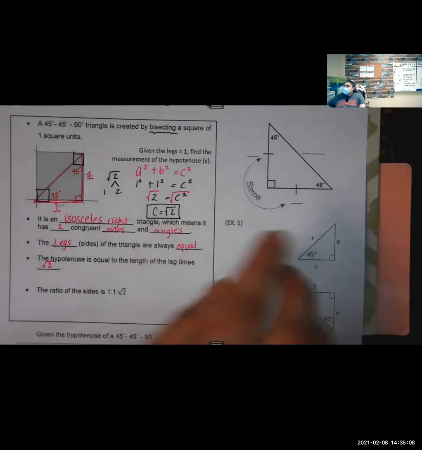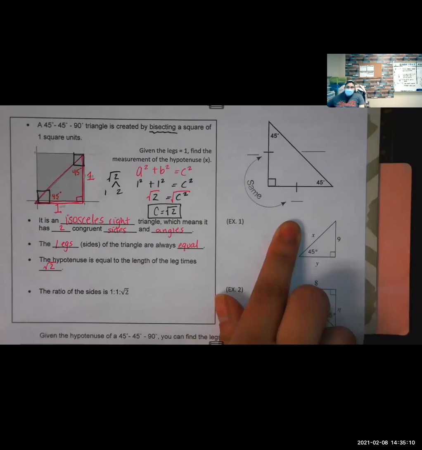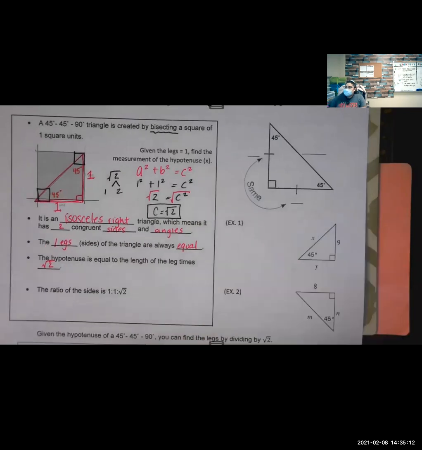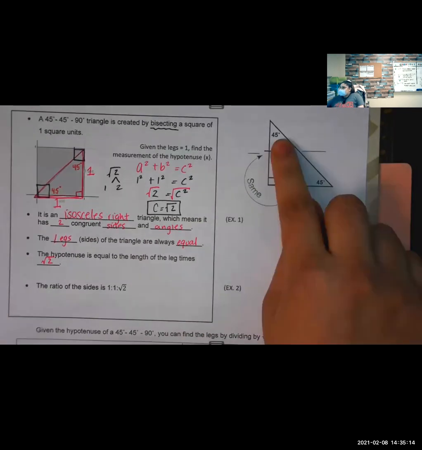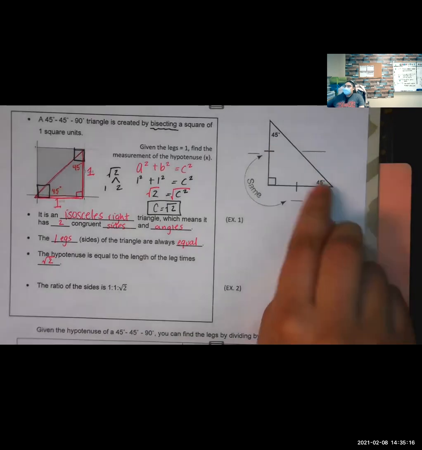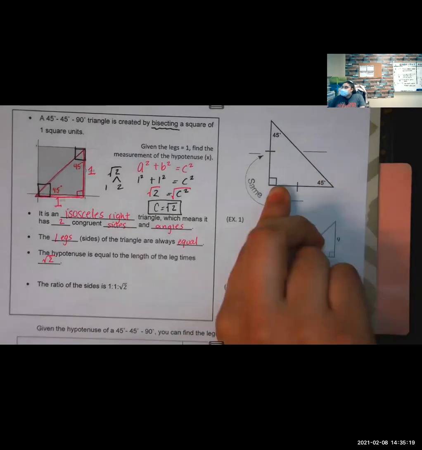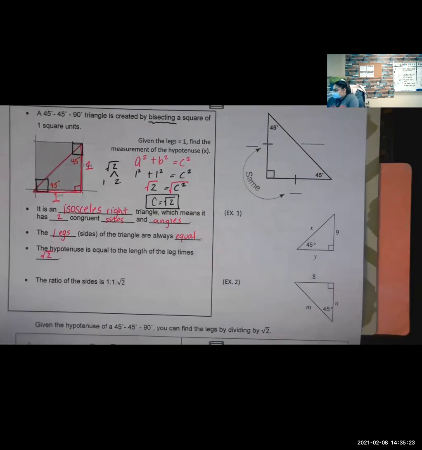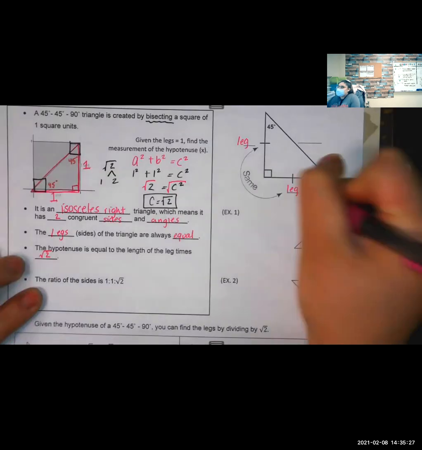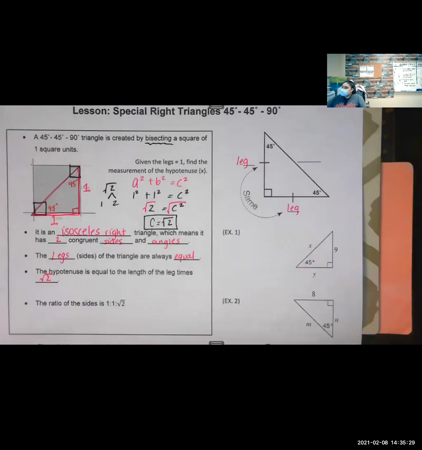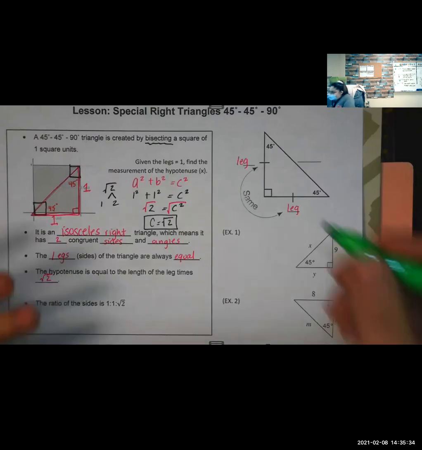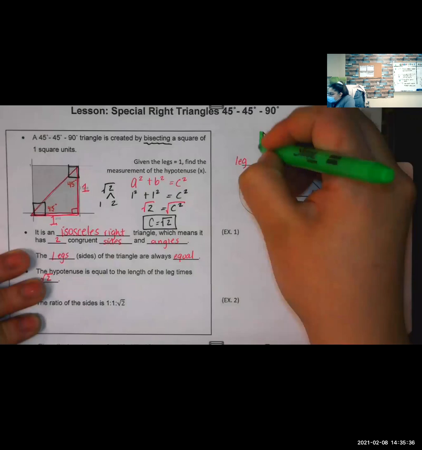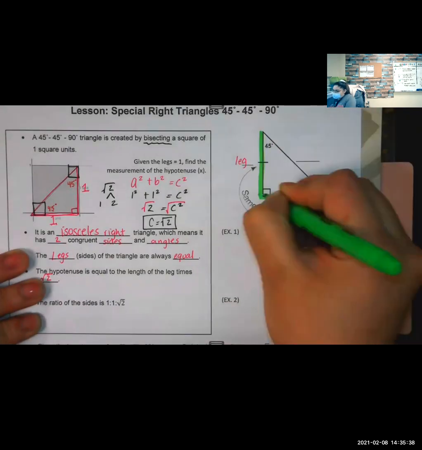So what is important is that on the side, you guys want to go ahead and draw this triangle. Notice again, this triangle has two angles of 45 degrees and one angle of 90 degrees. And the legs are always going to be the same length. So I mentioned last week that the way I like to identify the legs in my right triangle is to highlight them or outline them because they always form an L shape.